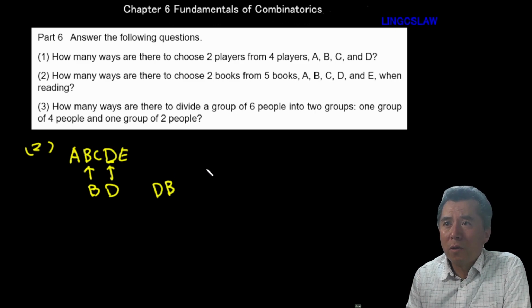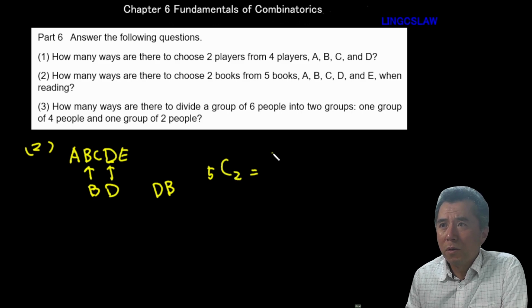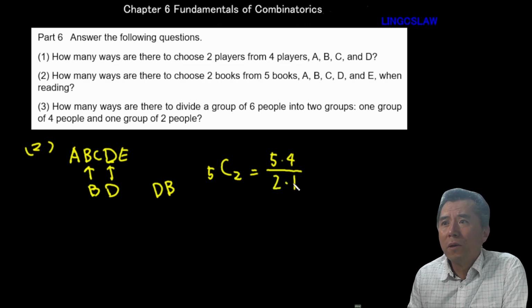So you calculate 5 combination 2 equals 5 times 4 divided by 2 times 1 equals 10.